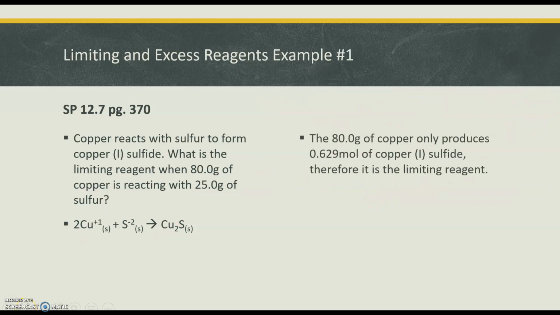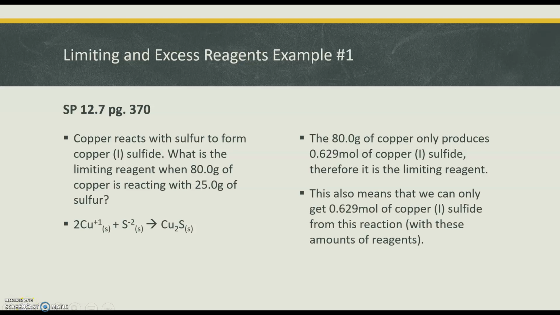Here we see 80 grams of copper only produces this much copper 1 sulfide, becoming our limiting reagent. And it also means that our max amount of product is going to be 0.629 moles.